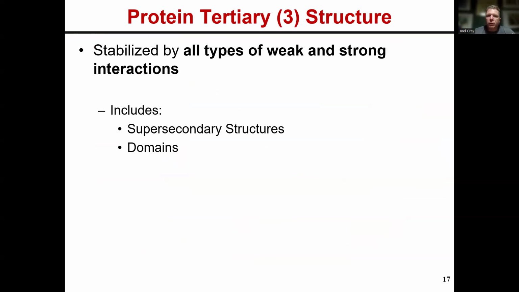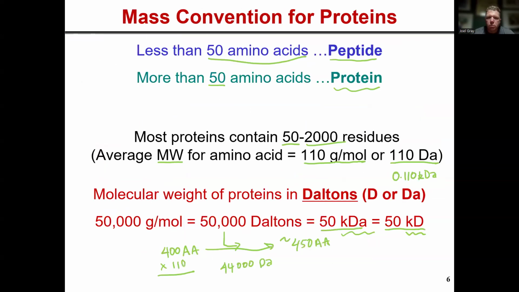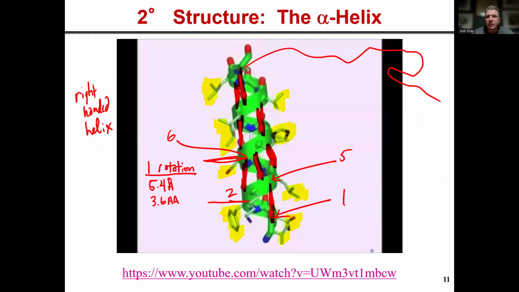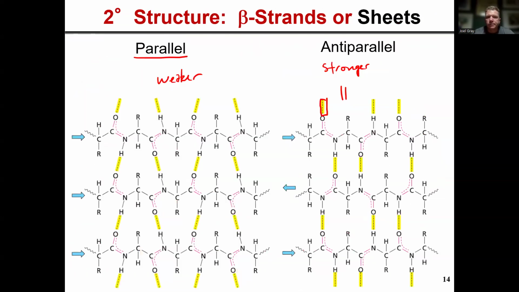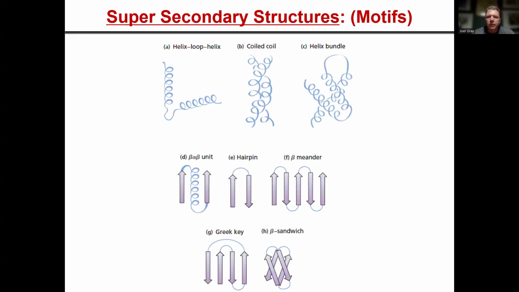Now, our next level of protein structure is our tertiary structure. This is stabilized by all types of weak and strong interactions. I kind of highlighted that here, here, there. So we have all types of different interactions that stabilize the tertiary structure. Now, this includes super secondary structures and domains.